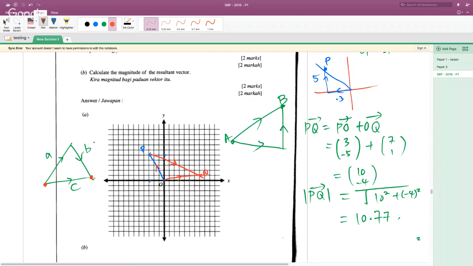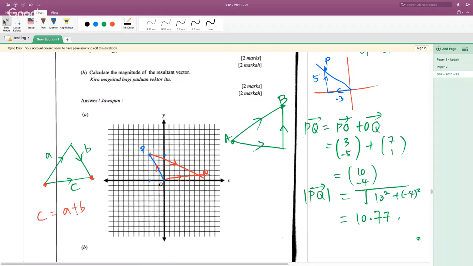You just imagine A to C is a faster journey, a shortcut, and you can still reach the same location using the longer journey. You go to A first, then you go to B. So C in this case is the resultant vector. So C equals A plus B, because C is the resultant vector.